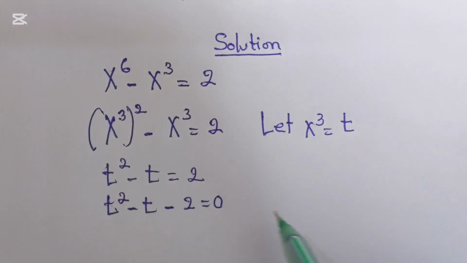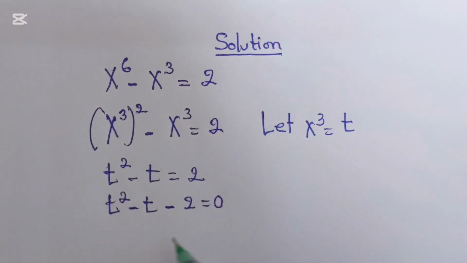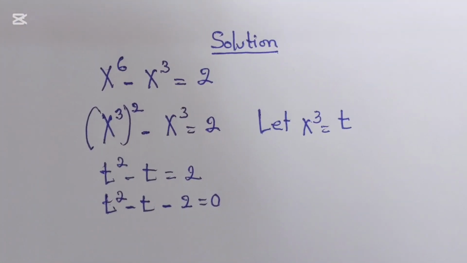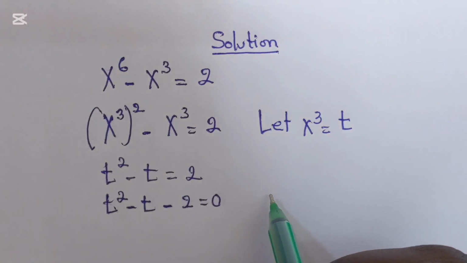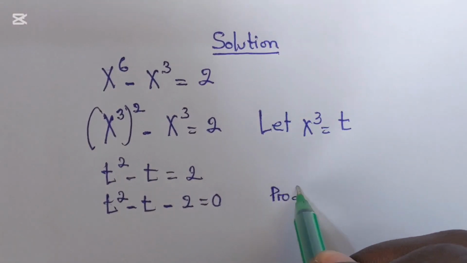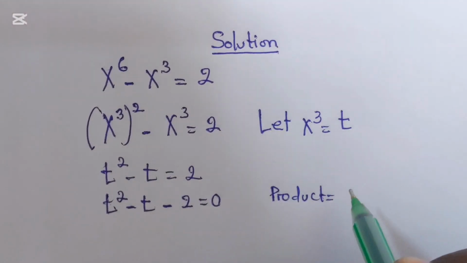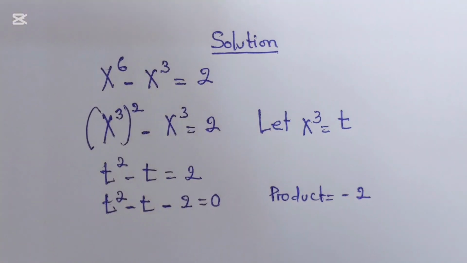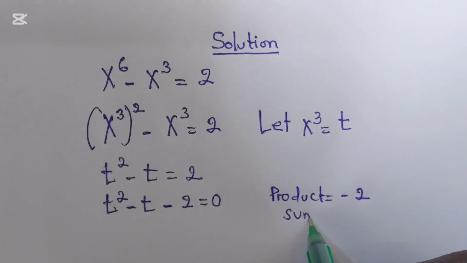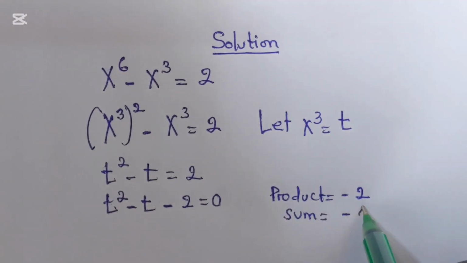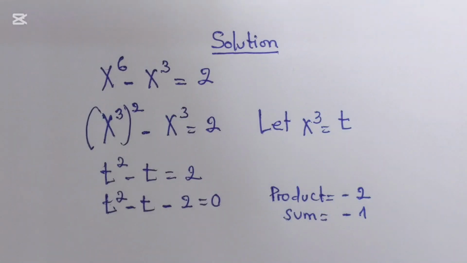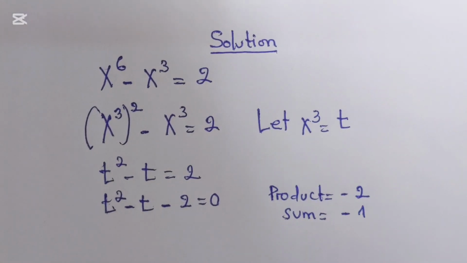And here we can find two numbers we can multiply together to get the product, which is equal to negative 2, and their sum is equal to negative 1.